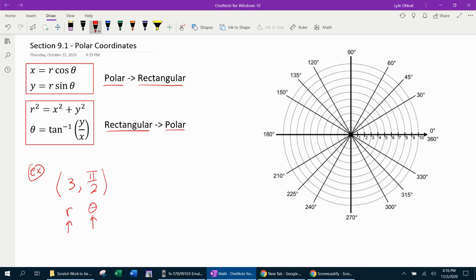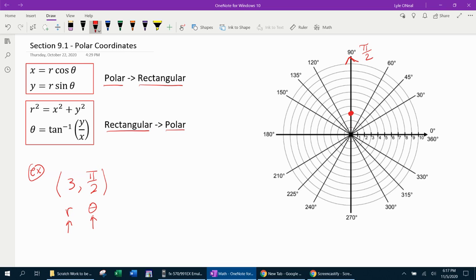Okay, so our direction is pi over 2. That angle is positive. So pi over 2 is the same as 90 degrees. That is the direction we're going. And then the radius tells us how far in that direction to go. So since the radius is positive, we're going to go 1, 2, 3 spaces.